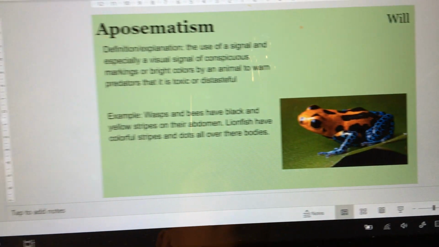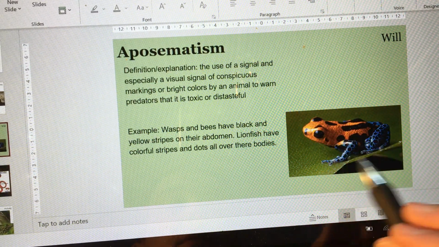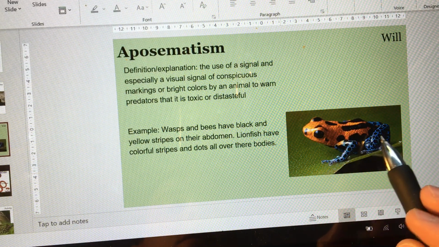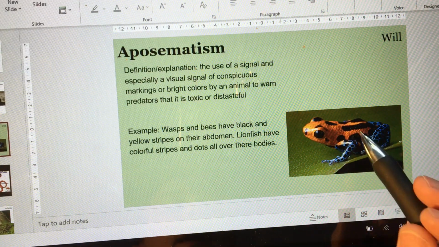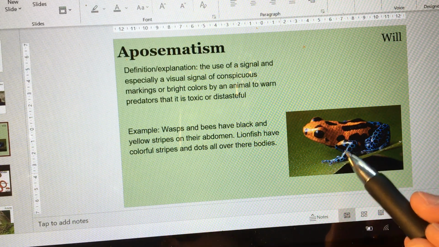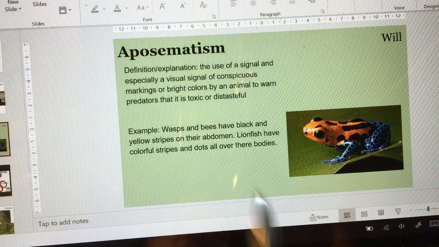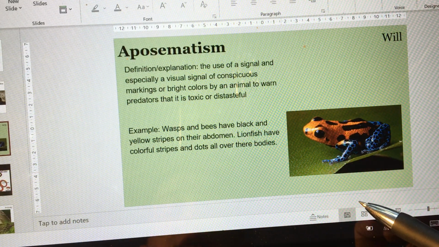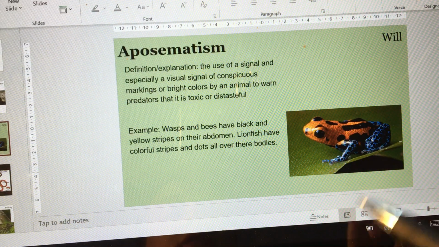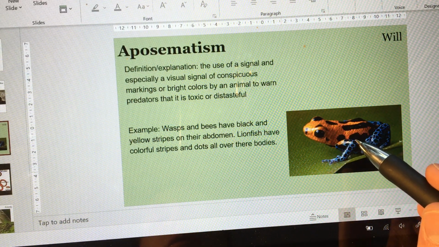So for instance, look at this frog here, this poison dart frog, super colorful. Okay? That's a warning signal. Now you may wonder, okay, why do bright colors automatically mean that it's poisonous? And it is kind of weird that when you see a bright colored animal, you're kind of wary of it. Like, oh, is that poisonous? There's a reason for that. What's going on in that process of thinking is this animal's not camouflaged.